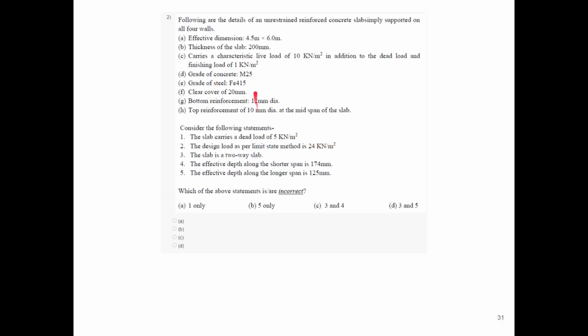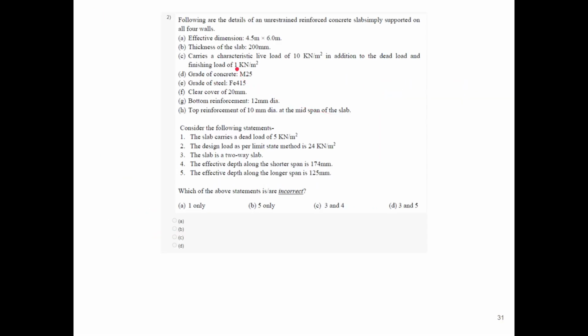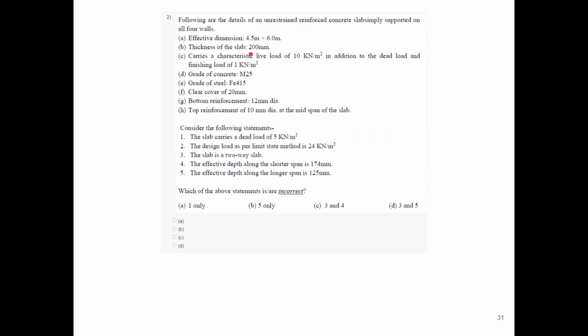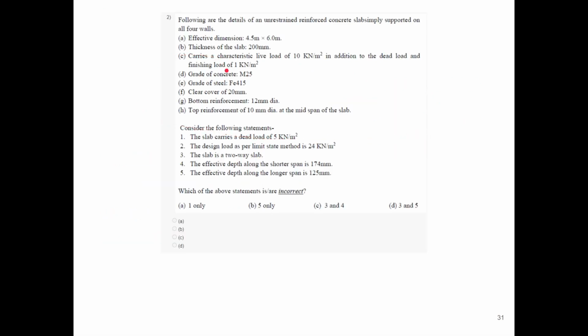So live load, as it has been given, is 10 kilonewton per meter square. Dead load, for the slab, will be 0.2 into 25. Okay, 200 mm, that's why 0.2 into 25, which is 5 kilonewton per meter square. And here finishing is given but flooring is not given, so we don't have to add for flooring.